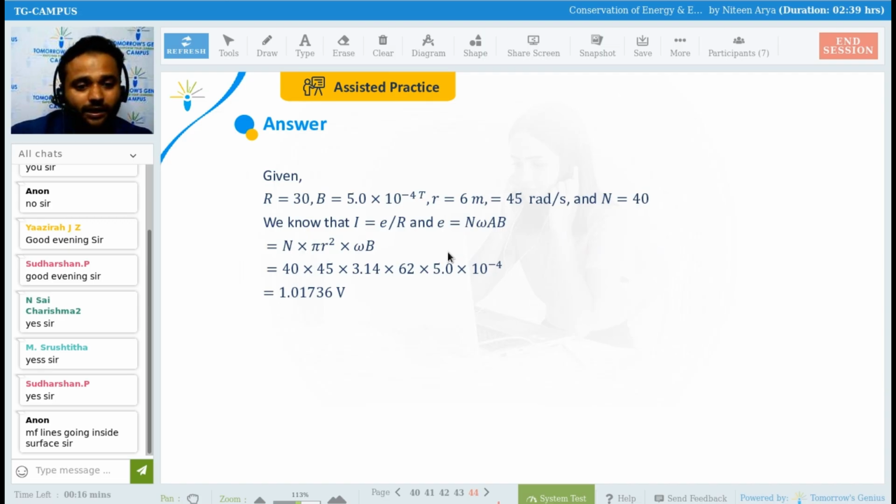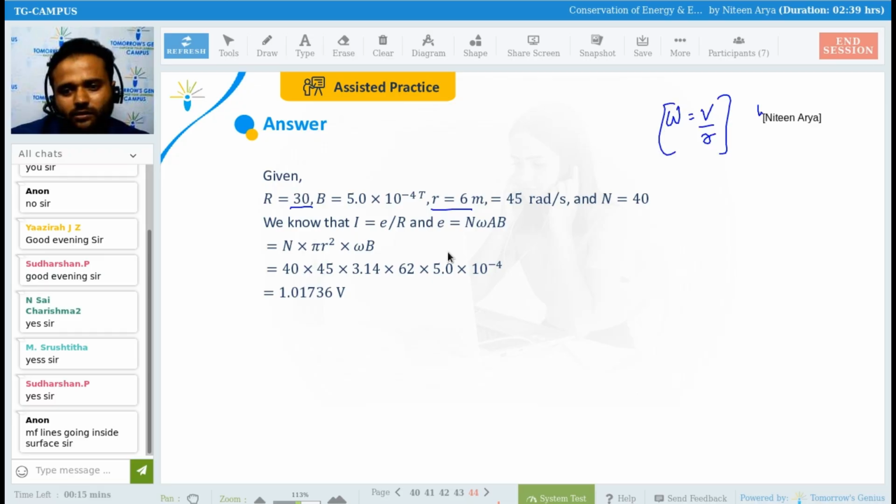R is given, B is given. Capital R is resistance, small r is radius, and the angular speed is 45 radian per second. So we know that I equals E by R, and E equals N omega B A. We don't know V, but we can convert it.